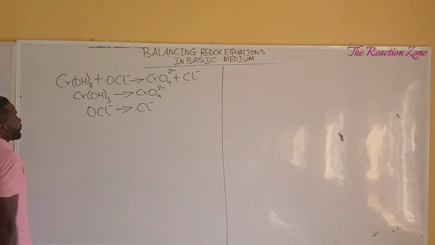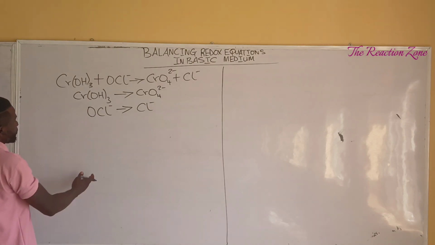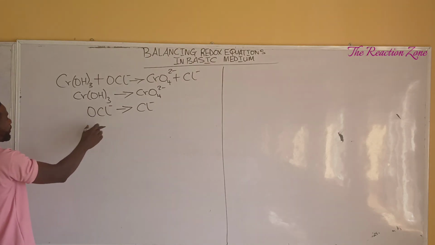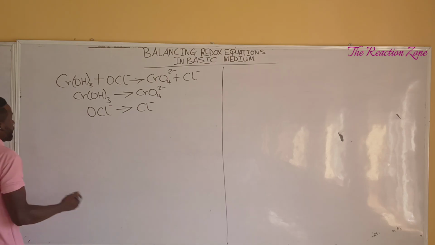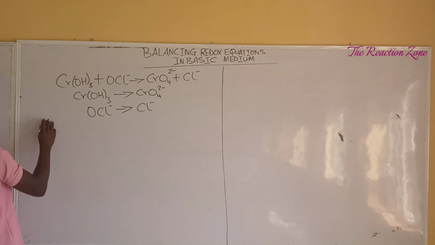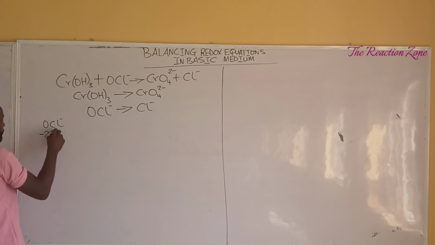So to find which of these half equations is oxidation and which one is reduction, I can decide to find the oxidation number of chlorine in this chemical species and in this one. Now, in OCl minus, the oxidation number of oxygen is -2. If that of chlorine is what we are looking for, the sum will be equal to -1.